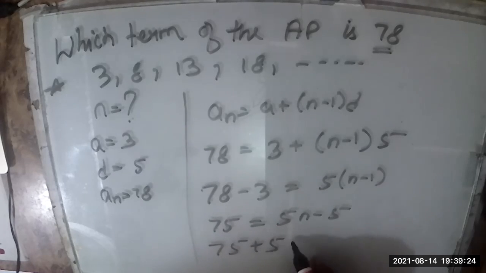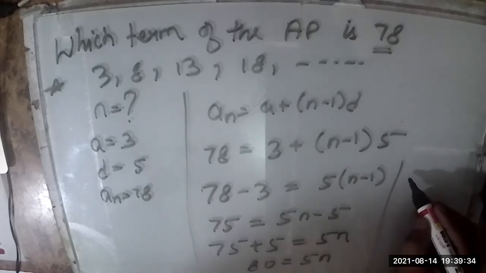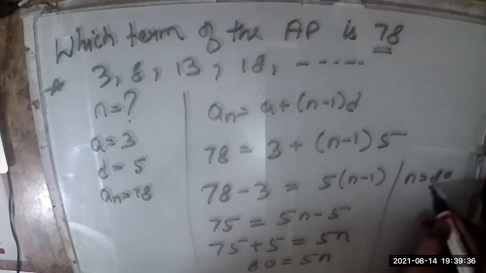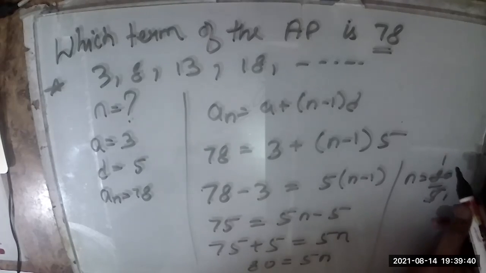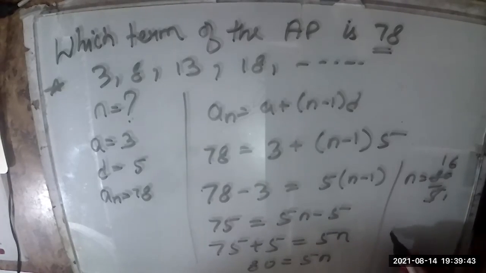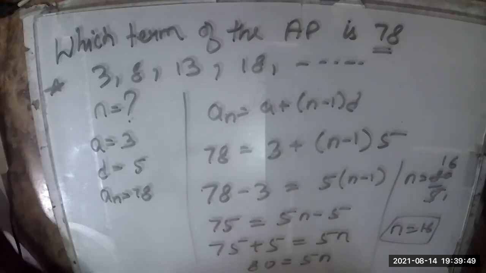Minus 5 becomes plus 5, is equal to 5n. So here 75 plus 5 is equal to 80. 80 is equal to 5n. And what we have found is the value of n. n is equal to 80 upon 5. 80 upon 5 means 5 16s are 80. So n is 16. It means that 78 is the 16th term of this series.